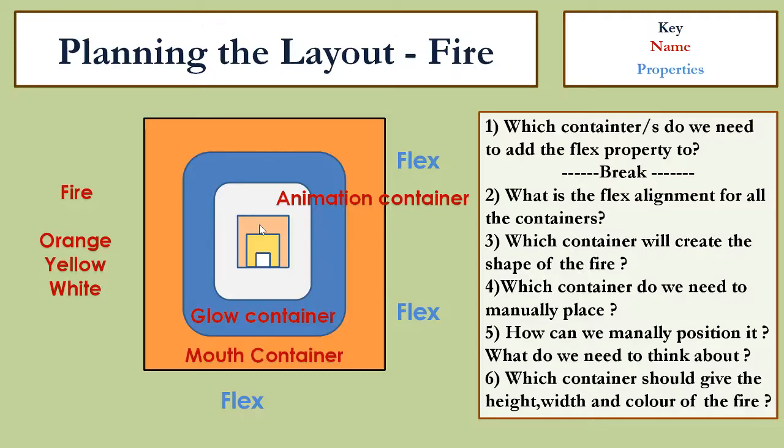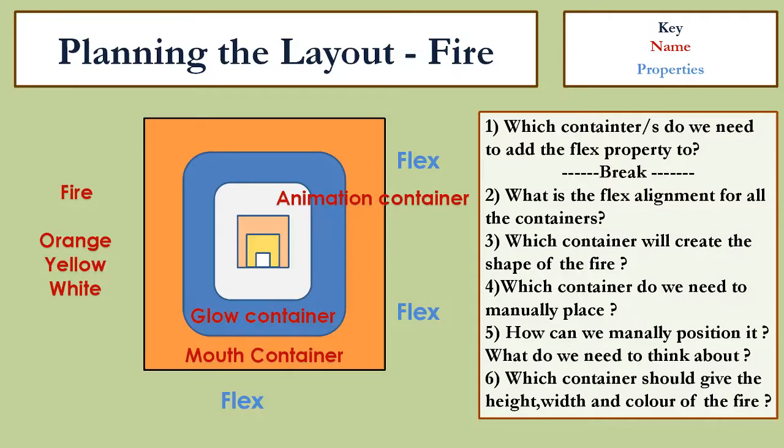Potentially you could keep adding that flex to the orange fire, the yellow fire, and the white fire. I haven't done that because we're going to be repeating. If you do that, you're going to repeat code quite a bit. So I have just chosen to add flex to the mouth, the glow, and the animation. And you'll see what I mean by this saving code as we answer the rest of the questions.